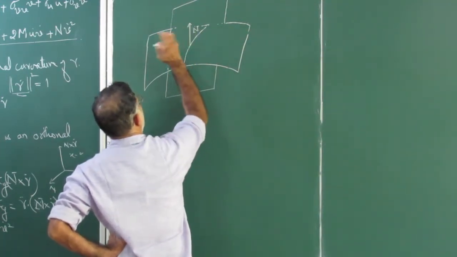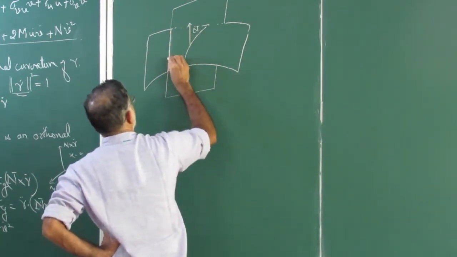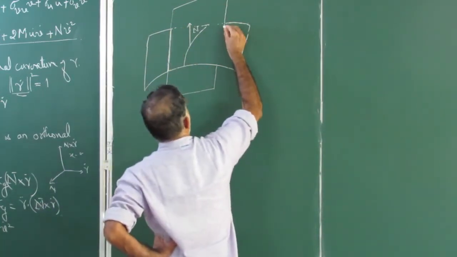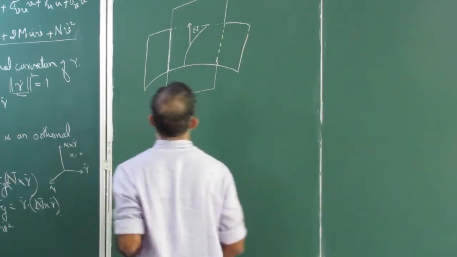Plane is, no, this way is the right thing, right? Because the intersection I am showing. So this side I will put the other side. So this is the plane.